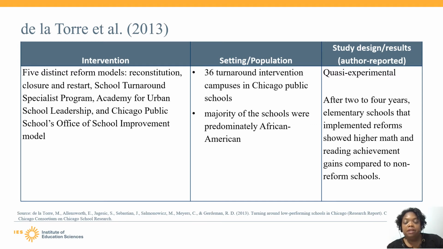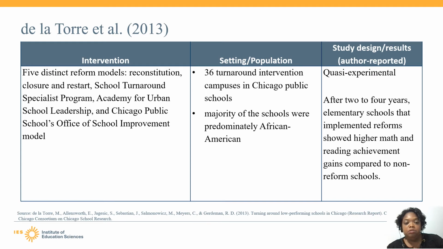The schools had been identified as chronically low performing by the district. The 5 distinct reform models that were implemented were reconstitution of the schools, school closure and restarts. Some schools implemented the School Turnaround Specialist Program. Others implemented the Academy for Urban School Leadership, and some implemented the Chicago Public Schools Office of School Improvement model.